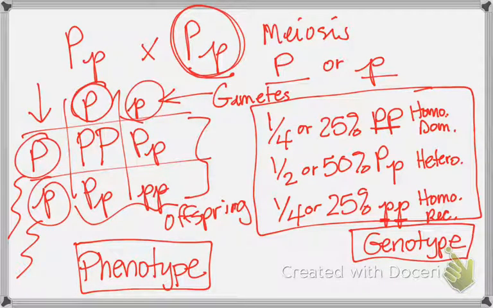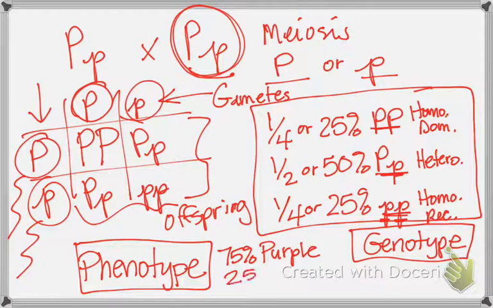Purple. What's big P, little p going to look like? Purple. So what percentage of the time am I likely to get purple flowers? 75% of the time I'm going to get purple flowers. And what does little p look like? White. So only about 25% of the time I'm going to get white.